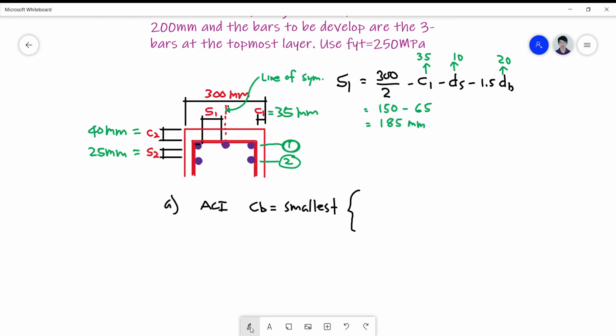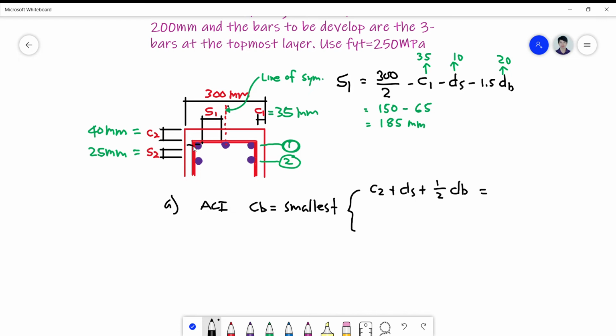So this can actually be C2 plus ds plus 1/2 dB. Okay, so this is the one that I'm referring to now.